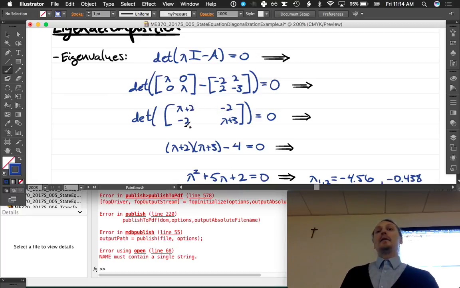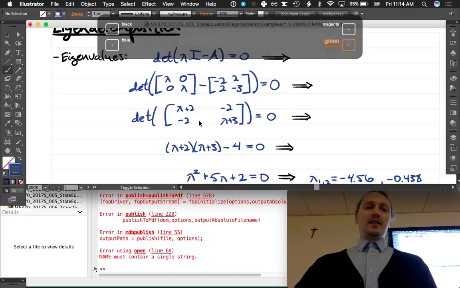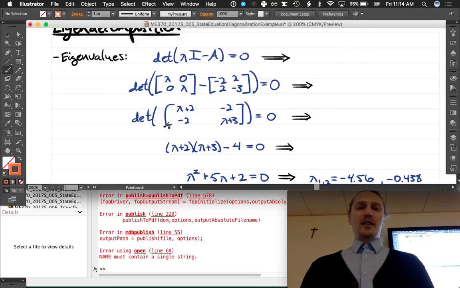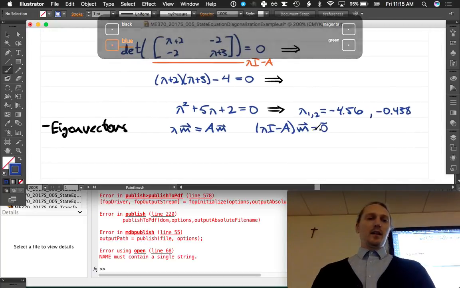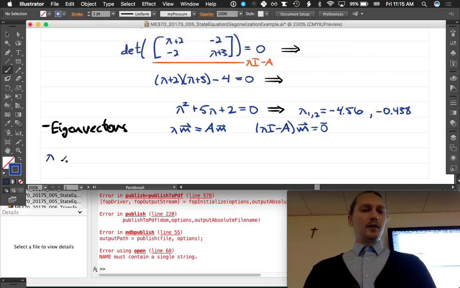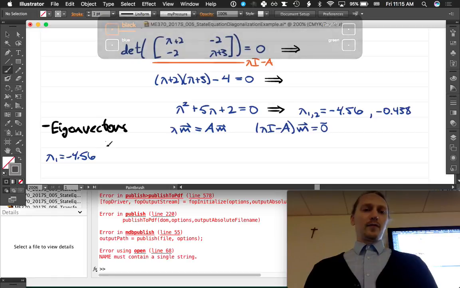So I'm going to cheat and just reuse this expression for lambda I minus A. And we've already computed it, so no point in redoing that. So we'll do that for each value of lambda. So lambda 1 equals negative 4.56. We're going to compute the eigenvector.